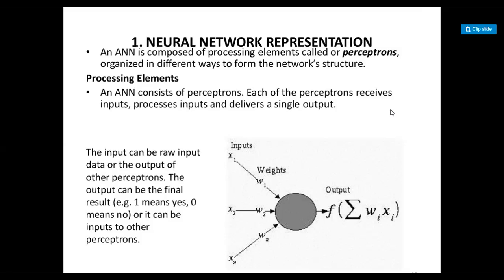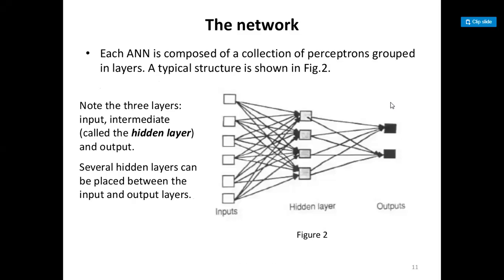Here in this diagram, it is the simplest design, but in the real world, the situation becomes very complex. Here, we need a series of perceptrons and layers of perceptrons to handle complex problems. In the next diagram, we can see there is an input layer and an output layer.